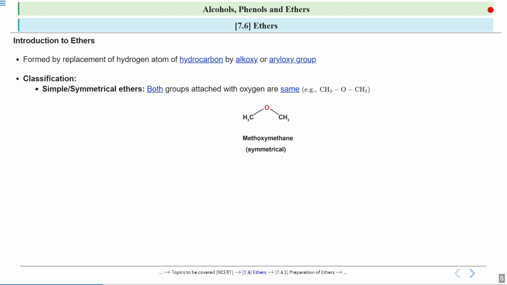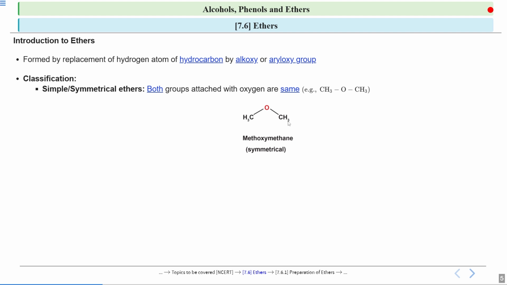So how do we name them according to IUPAC nomenclature? It is named as alkoxy-alkane. In alkane, we take the longest carbon chain and then the O with the R group is taken as the alkoxy part. If you see here, on both right and left side, there are the same number of carbon atoms. Here there is one carbon atom and here also one carbon atom.